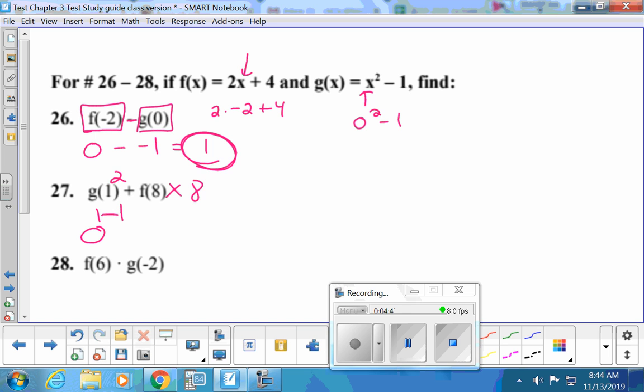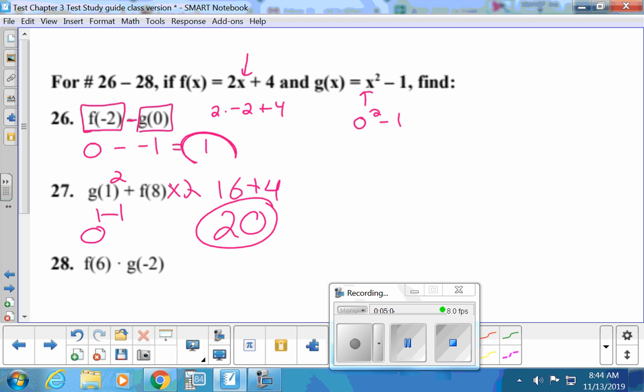It'll be 2 times 8. And you get 16. And then it'll be plus 4, and that'll be 20. Good. So the answer will be 20 since the other one is 0. He's right. So g of 1 was 0, f of 8 was 20, and then he had to do 0 plus 20, and 0 plus 20 is still 20.